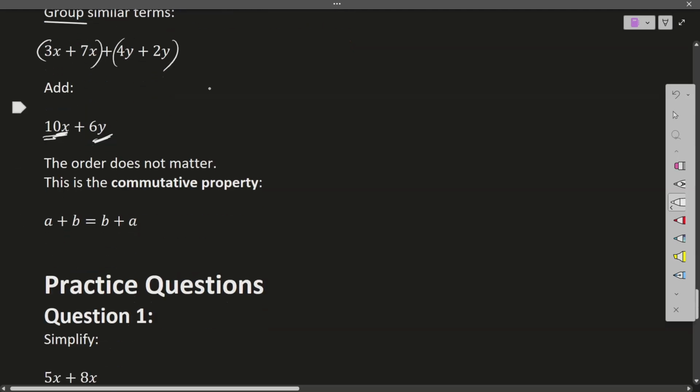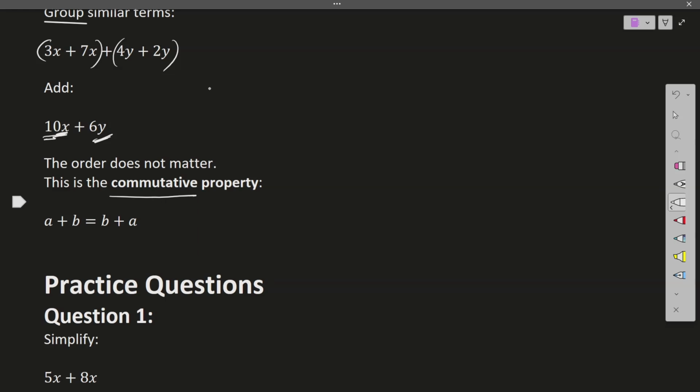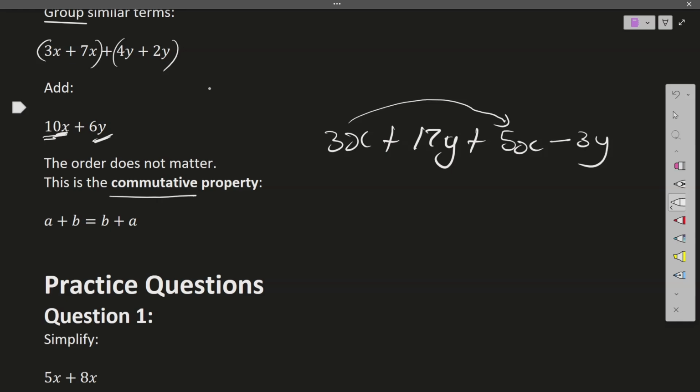So the order does not matter. This is the commutative property. The commutative property just means the order of the variables does not matter as long as you add them. So even if you had 3x plus 17y plus 5x minus 3y, you can add these even though they're distant from each other.